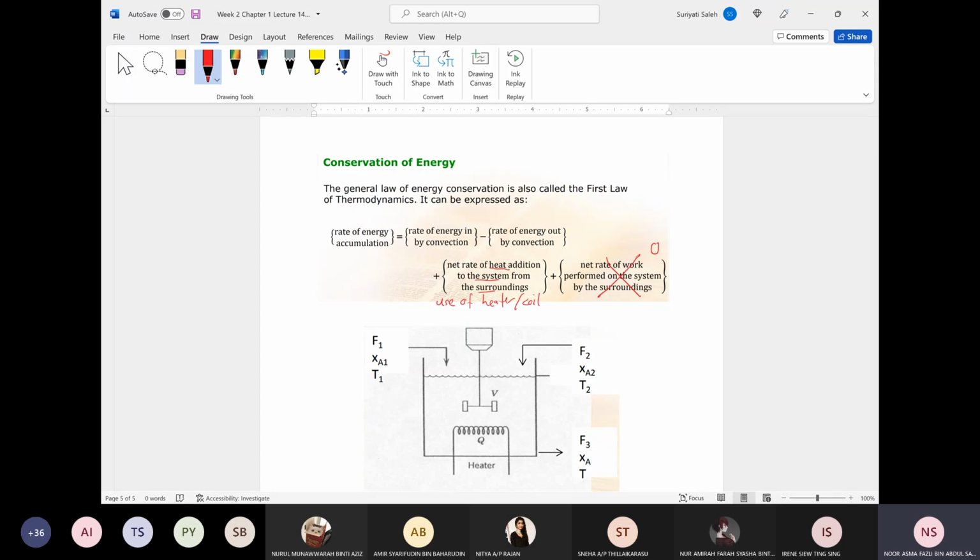Why do we need to supply the heat? Sometimes we need to achieve a specific temperature inside the unit operation. In the chemical industry, normally the inlet is at atmospheric or ambient temperature, 25 degrees C up to 28 degrees C. It does not change much. So sometimes when we want to blend the system, to mix the component, it is better to operate at a higher temperature, more than ambient temperature.